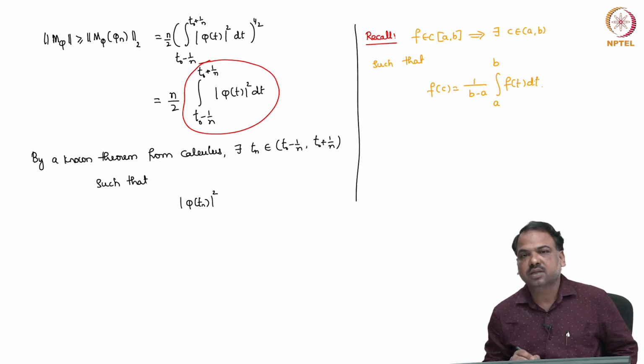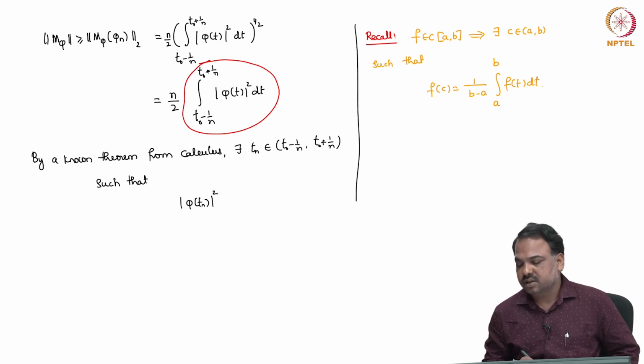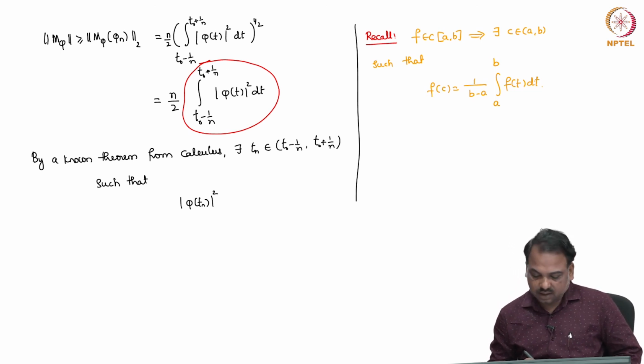This is called the average of the function. So the average is attained at an interior point of the interval. Now you take a as t0 minus 1 by n, b as t0 plus 1 by n. When you apply this, as n varies, the corresponding point also varies.